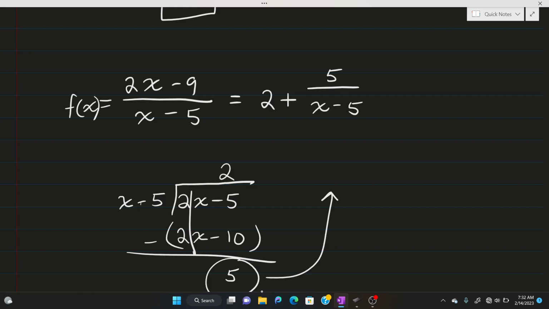So now I have a transformation of up 2, right 5. So it's up 2 because of this plus 2 on the outside of the fraction. It's a right 5 because the h value is 5.